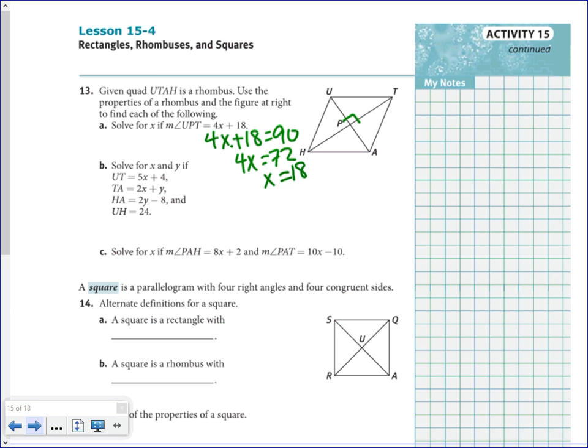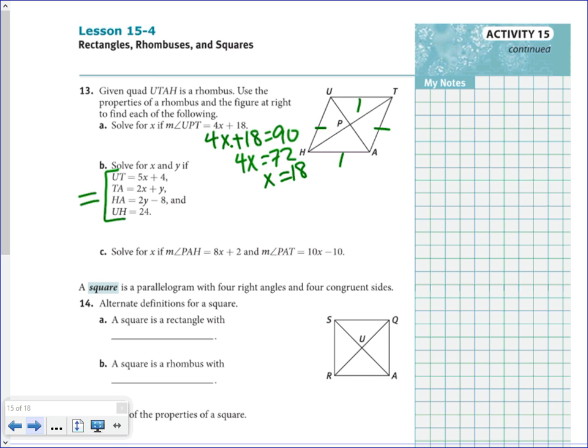For part B, it tells us UT, TA, HA, and UH. Those are your sides for your rhombus, and we know that a rhombus has four congruent sides. So all of these four are equal to each other. So you're going to pick two and set them equal to each other. There are several different ways you could do this.